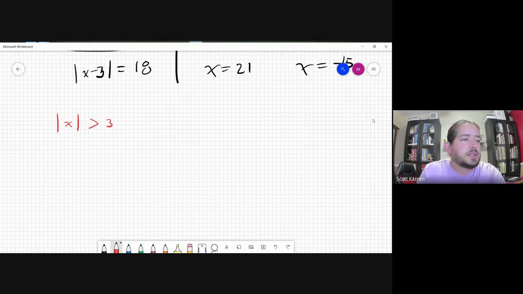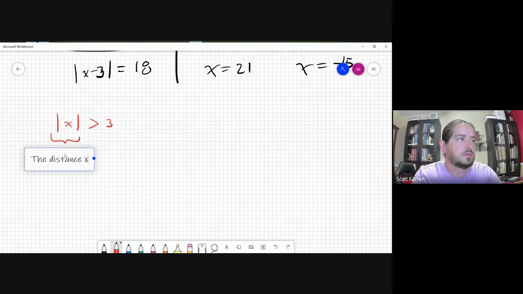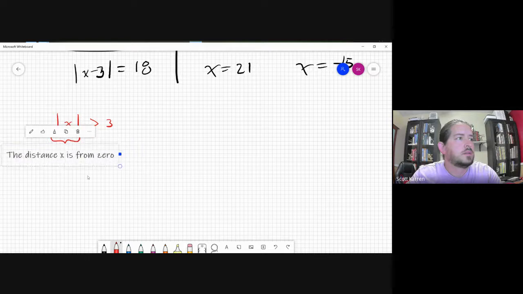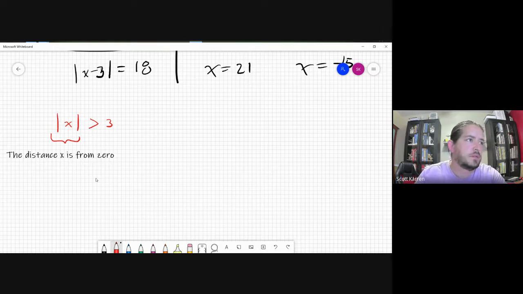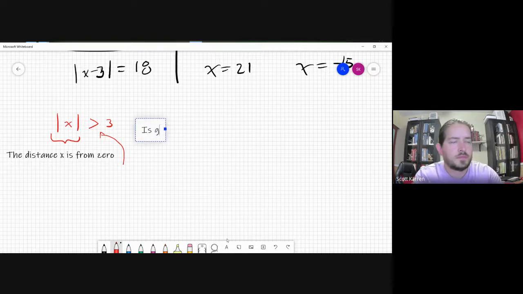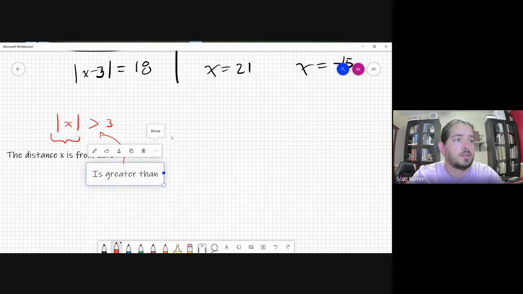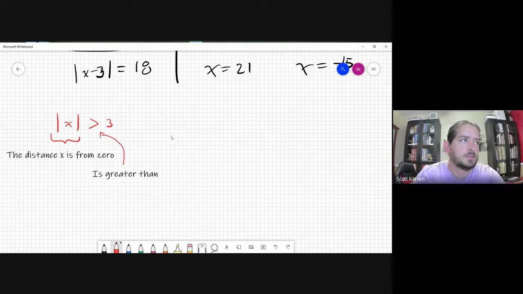What this means, in language, is that the distance that x is from 0 is greater than 3.